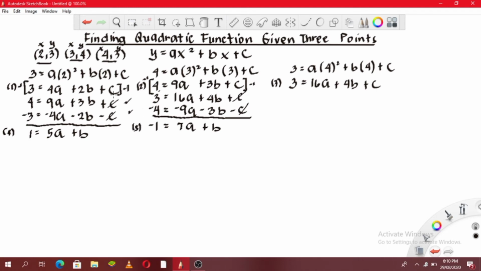Okay? So, since magkapareho ang equation number 4 at 5 na A and B ang kanilang variables, pagtapatin po natin sila. Katulad ng ginawa natin sa dalawang ito. So, isulat natin ito sa baba ng equation number 4. So, I'm gonna write here negative 1 equals 7A plus B. Ngayon, we will do the same. Mag-decide tayo.